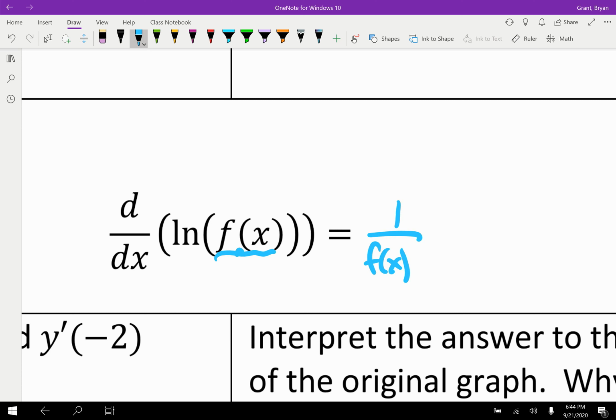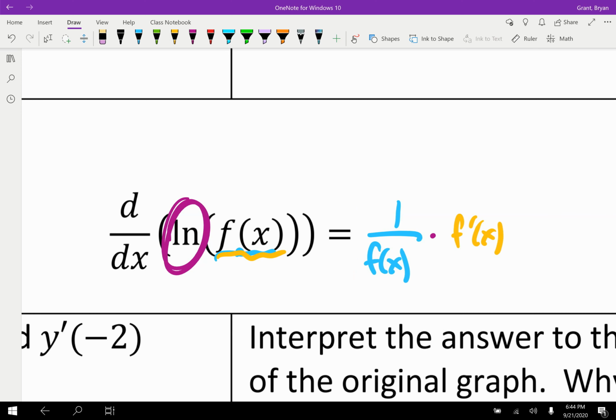So don't think 1 over x, think 1 divided by the interior function. But because we left the interior function the same, we only did the derivative of natural log, we need to multiply by the derivative of what was inside, which is f prime of x. So natural log is 1 divided by what's inside times the derivative of what's inside.